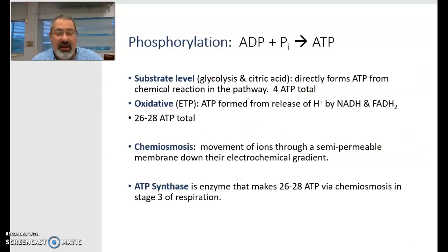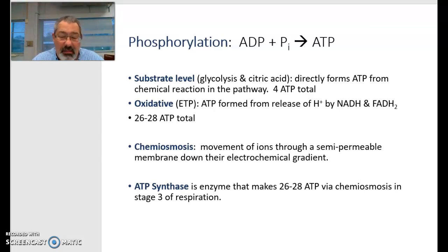In respiration, there is the production of ATP in several different places. One is called substrate level, where ATP forms during the actual chemical pathway. There are 4 molecules of ATP formed, 2 in glycolysis and 2 in the citric acid cycle. The majority of ATP formed in respiration is formed during electron transport chain, and it is referred to as oxidative phosphorylation.